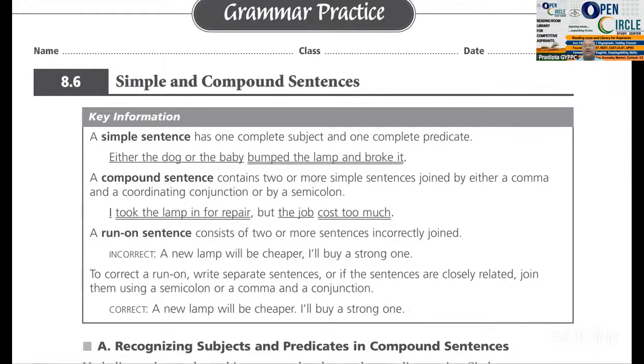Good. Aditi Aradhya, can you give an example of a compound sentence where there is a semicolon separation? Sir, example of a compound sentence only? A compound sentence with semicolon.